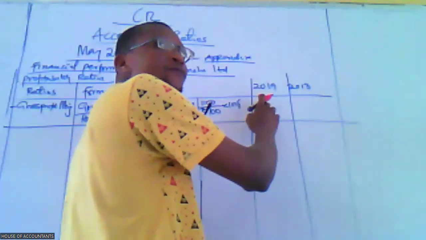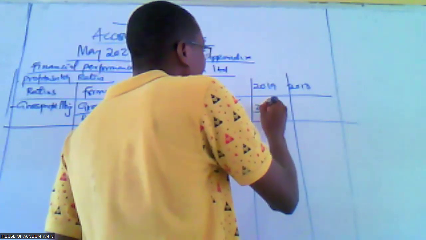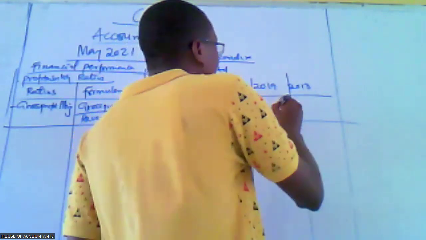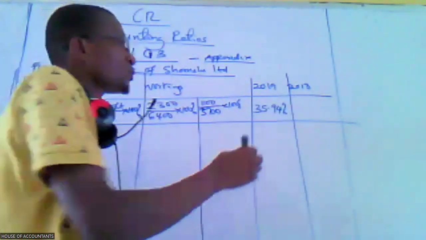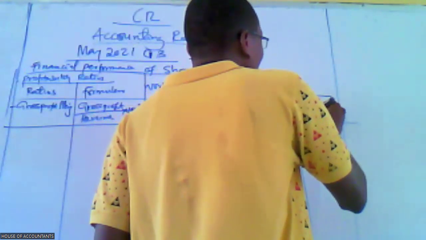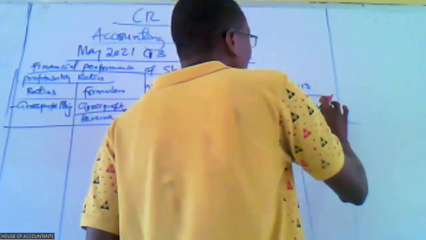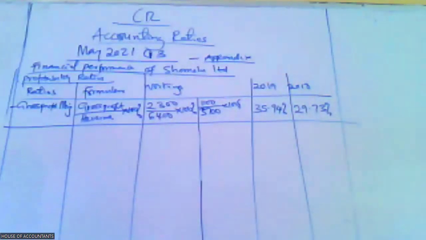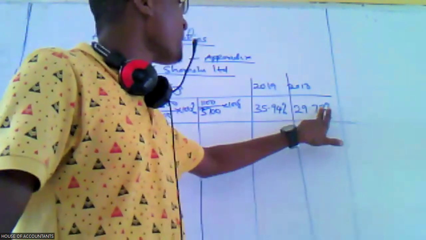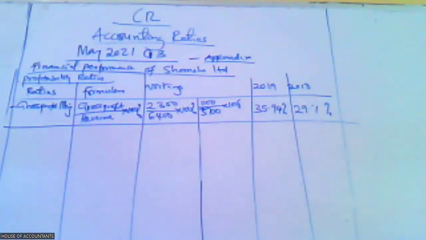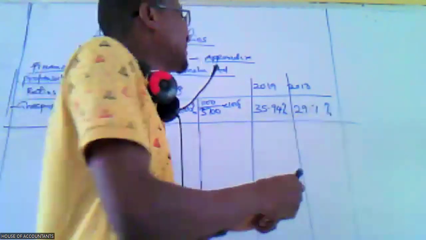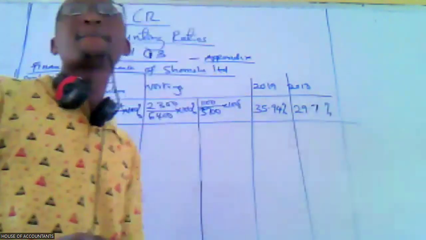35.94%. This one, 29.73%. Are we good to go now? So that is what they asked us to do. Now, assuming I only put 29.7, am I correct?